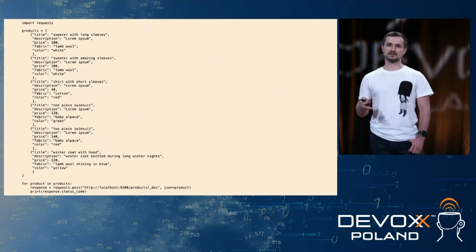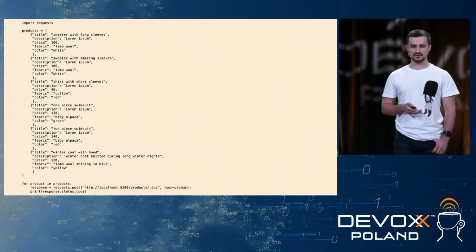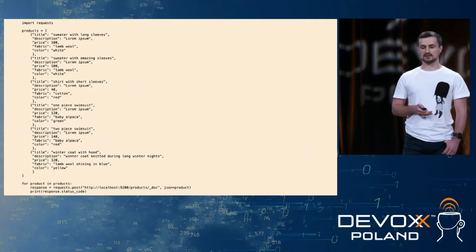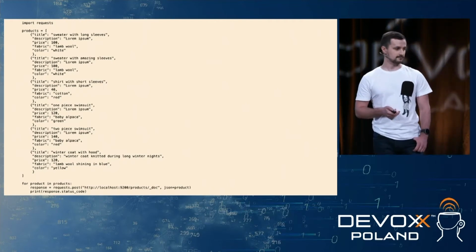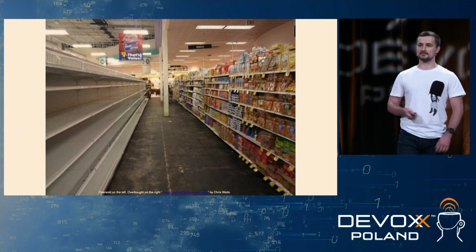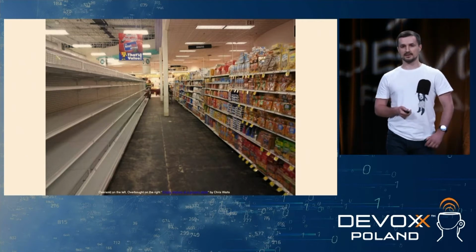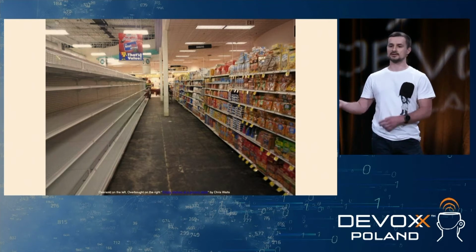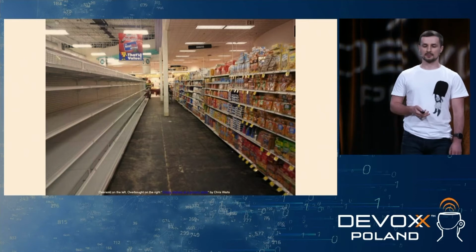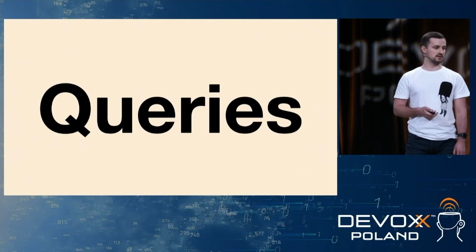And there's the list of products. There are 6 products, so 2 sweaters, a shirt, 2 swimsuits, and 1 winter coat. All right, so our shelves are full. That's great. So now that we have the index and the products, we can actually query it and see how it goes.